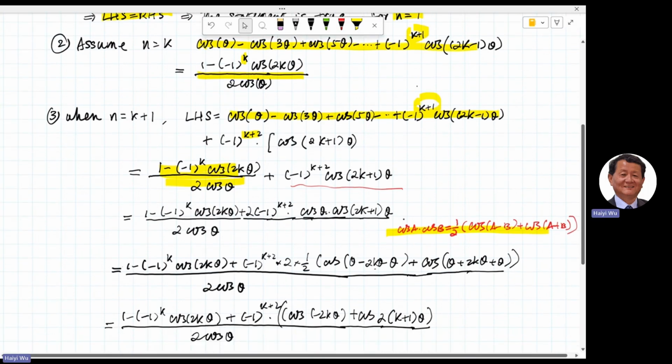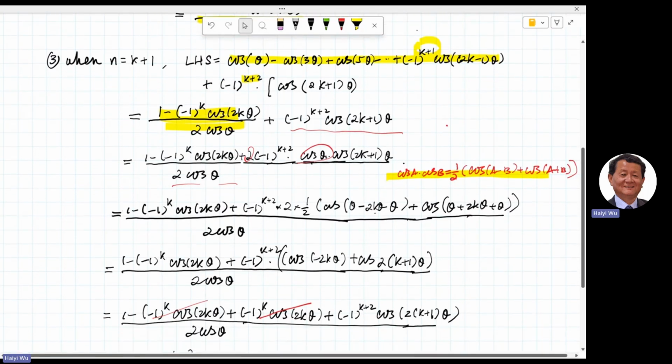Now I'm going to do a common denominator, which is 2 cosine theta. We're going to put a 2 cosine theta multiplied by that. Now we're going to simplify this. This is the product identity. Using the product identity, cosine A times cosine B is half of cosine (A minus B) plus cosine (A plus B).